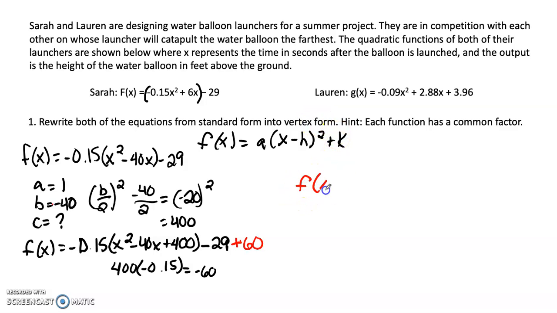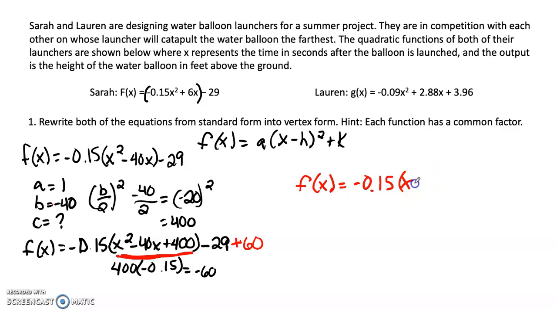So we've got f of x equals negative 0.15 times x, and in order to figure out what goes in with the x in the parentheses, it's going to be the b divided by 2. We did the b divided by 2 up here, so negative 40 divided by 2 gives me negative 20.